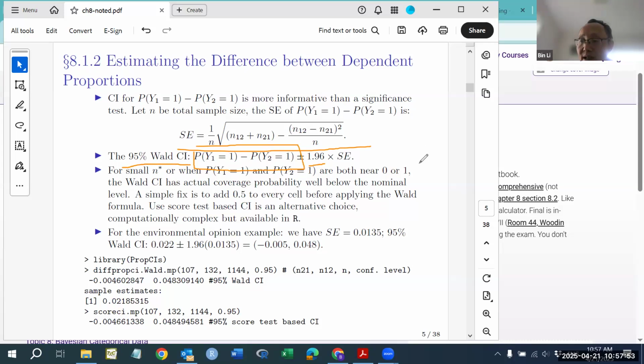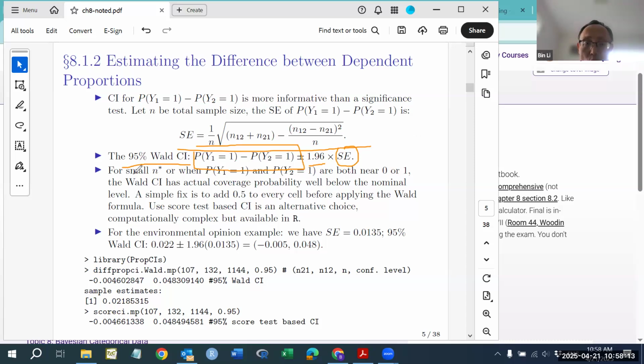That's the 95% critical value from the standard normal. So that's the 95% Wald confidence interval. So usually we can use the Wald confidence interval.